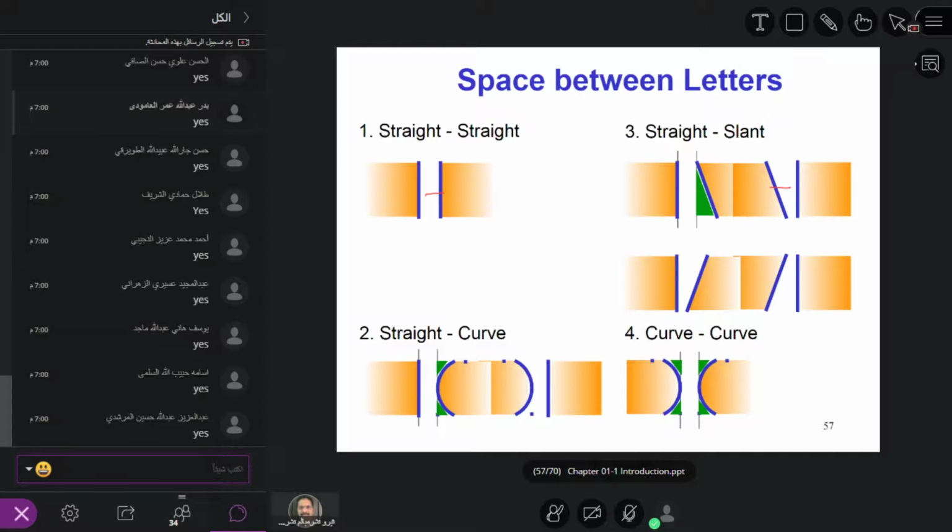slanting, then curve. I think if you use the template, it will take care of this. So I suggest everyone use a template for lettering.